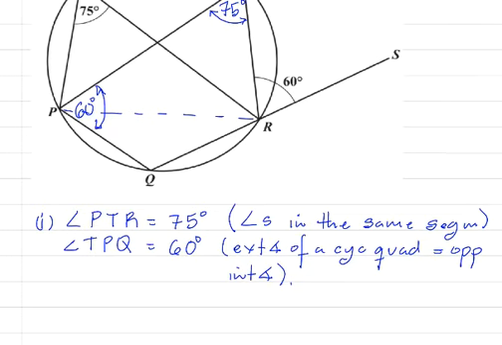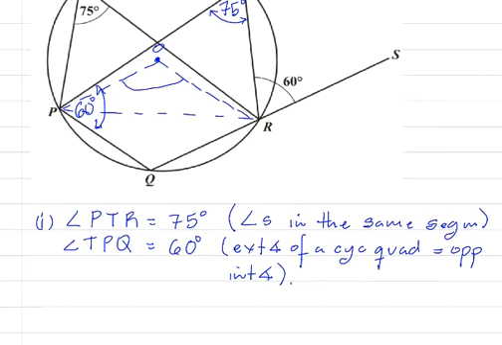First of all, the center is not there, so let's put in the center here and call that point O. Now let's connect P to O and O to R. So we're being asked to find angle POR, which is this angle here.